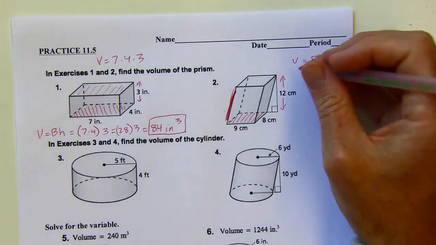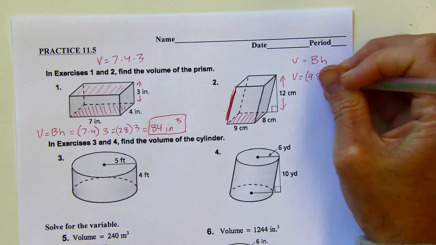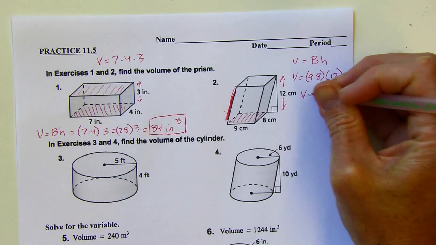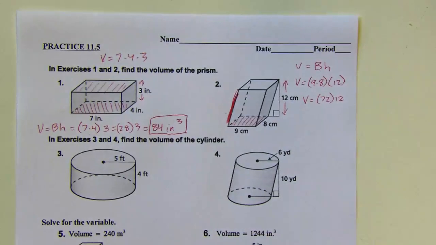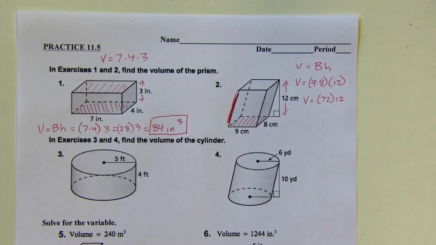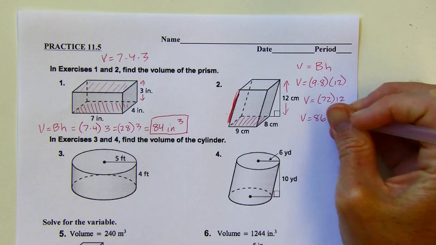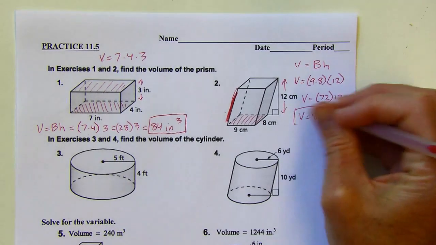Okay, so for the area of the base, I'll do 9 times 8, and the height is going to be 12. So I've got 72 times 12. Comes out to 864. And I've got cubic centimeters there.